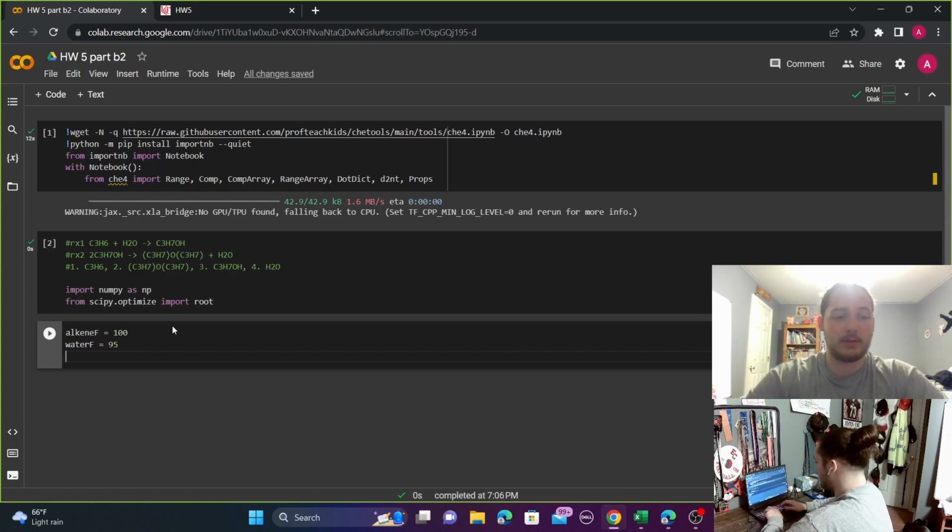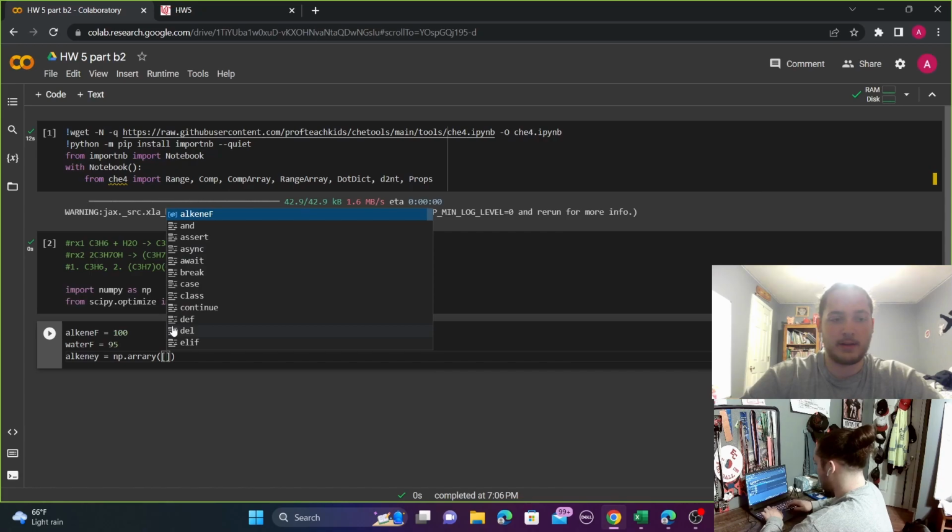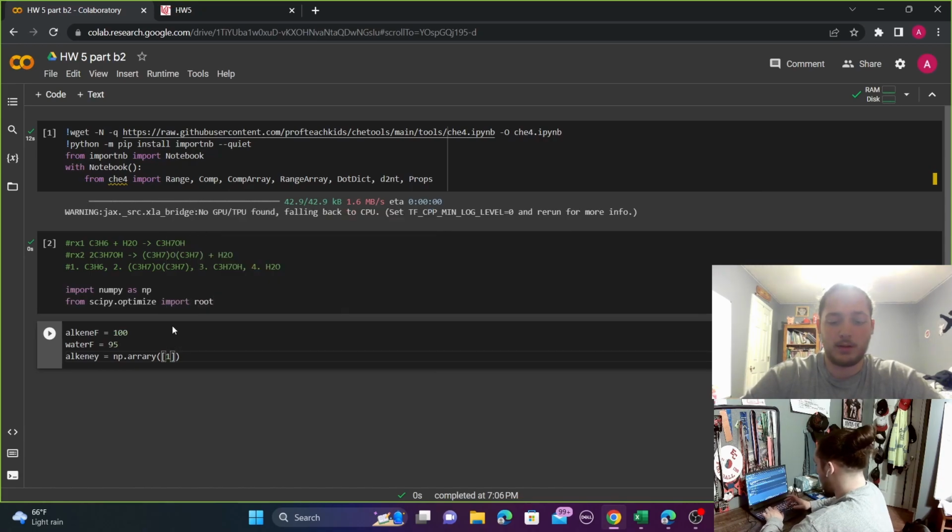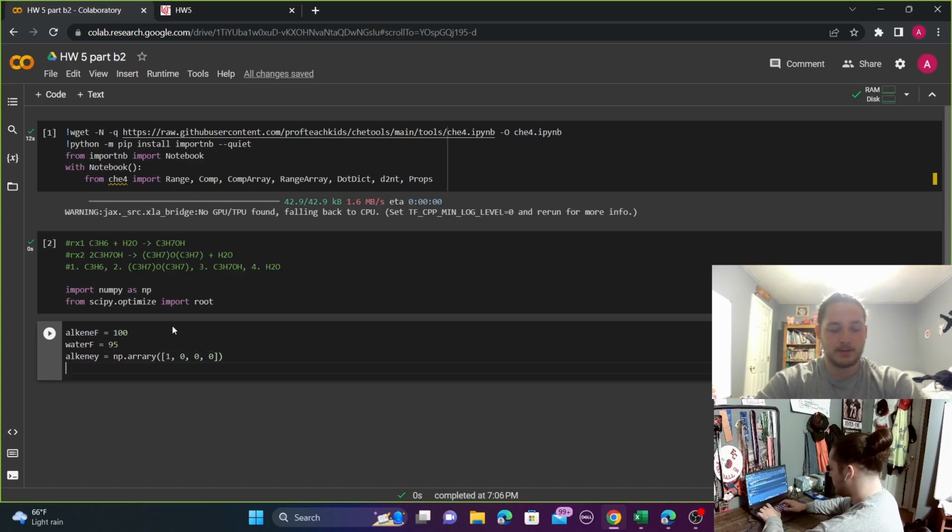So I'm going to input alkene y, and that's the amount of our alkene, is equal to np.array, and we are entering 1, 0, 0, and 0.